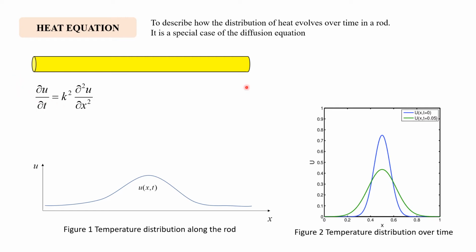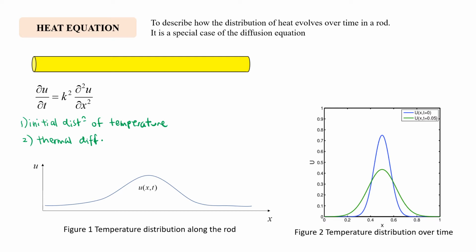This equation depends on the initial distribution of temperature, and the second one depends on the physical properties of the rod, which we call thermal diffusivity, where it measures the rod's rate of heat conduction.